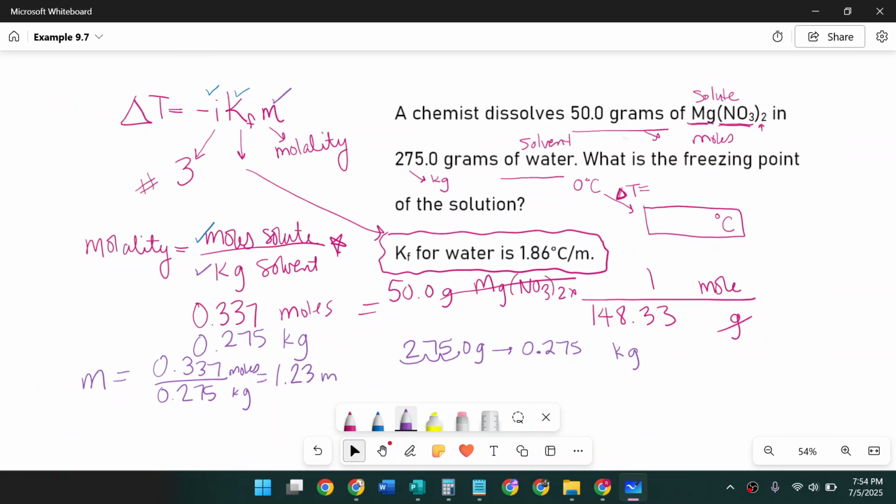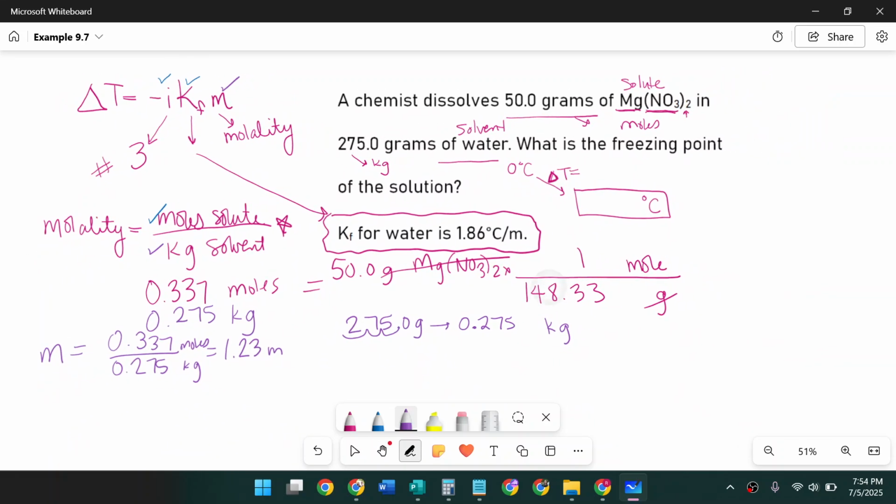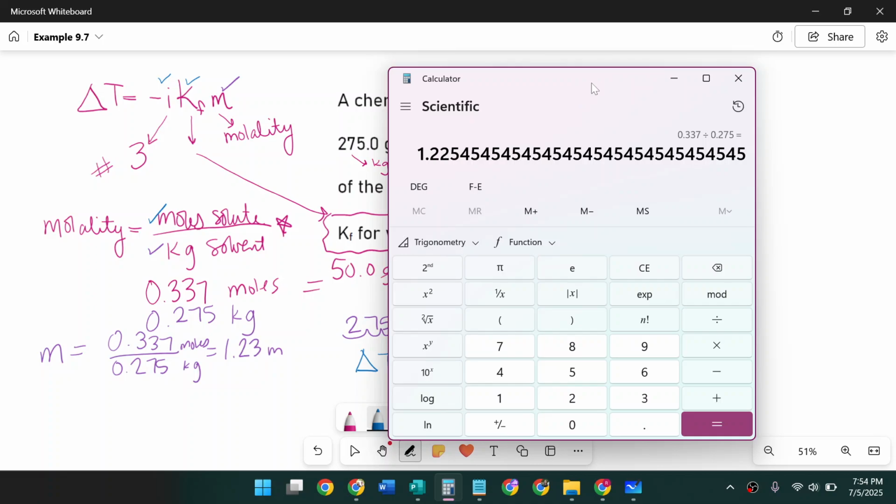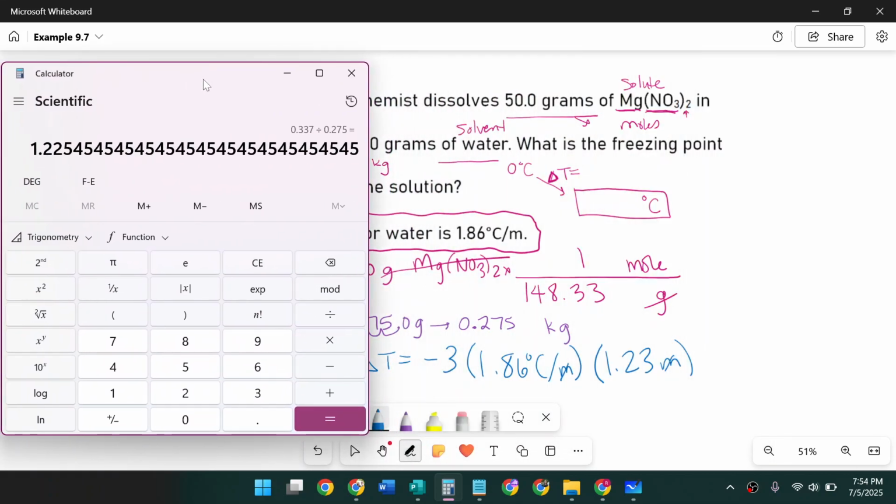So let's make this a little bit smaller so we can continue down below. All right, so our change in T is going to be -3 times 1.86 degrees Celsius per m times 1.23 m. Our units cancel. We have to remember that the 3 doesn't count when we're thinking of significant digits because we can't have a portion of an ion, and so that 3 is exact.